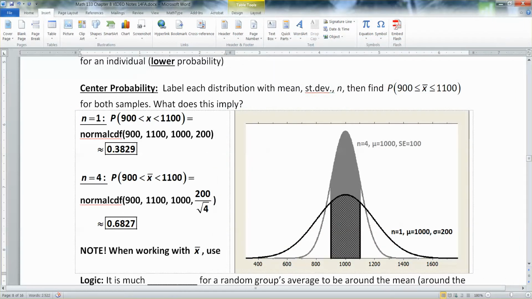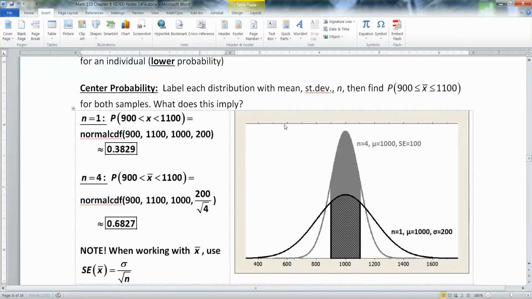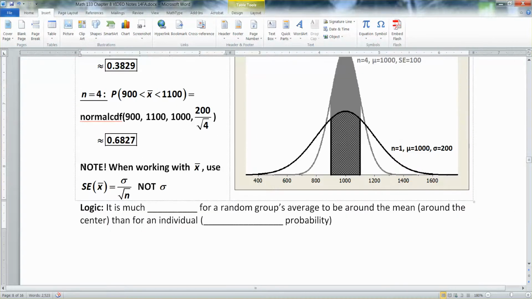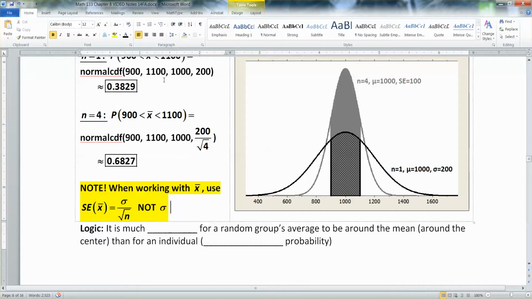Use SE of x bar, which is sigma over the square root of n, not sigma. Sigma is for when you're dealing with individuals, but when you're working with samples, the sample mean in particular, you want the standard error.